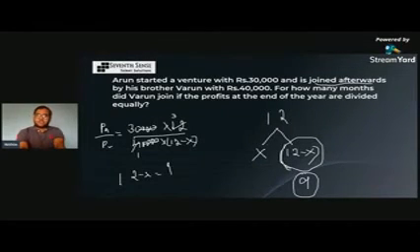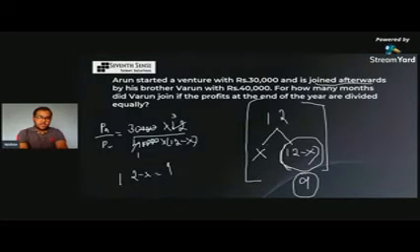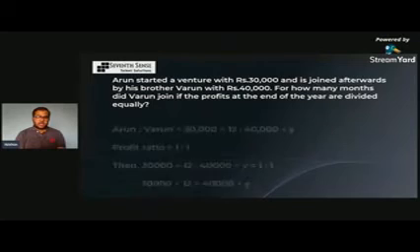Understand the question? Okay. Here, you can also consider this. Instead of 12 minus X, if you consider X also, you will get the answer. But it all depends on how you consider this condition. So the answer will be 9 months. Clear?